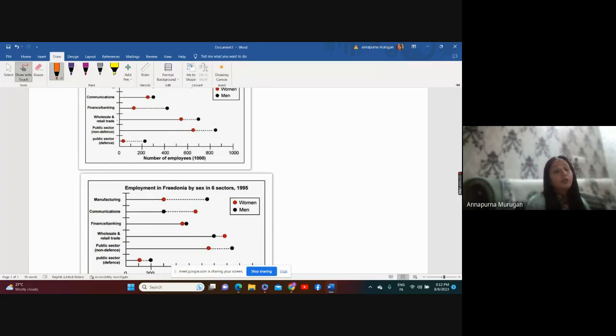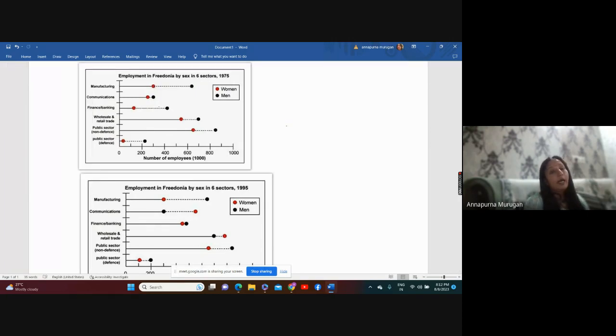Now, when you're doing the body paragraphs, guys, I have two options for you. The first option is that we have two body paragraphs.